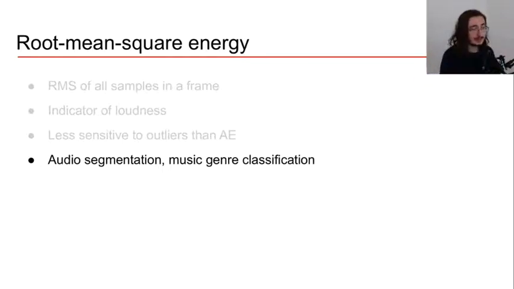And so we can leverage root mean square energy for all things in audio segmentation. It could be done, for example, for deciding whether someone is talking or not talking, and you have this change and you want to segment who's talking and things like that. And obviously we can also use RMS for music genre classification, and we'll see some of this over the next few videos in action.